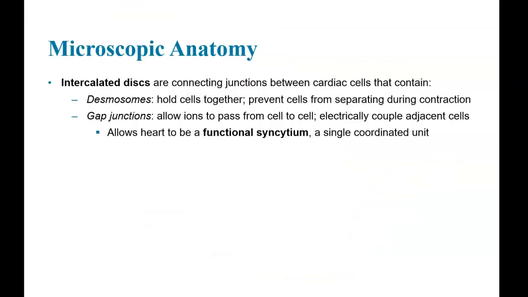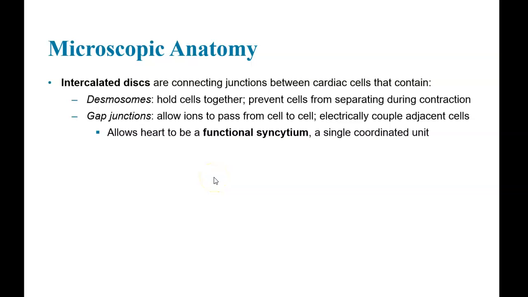One of the distinguishing characteristics of cardiac tissue are the intercalated discs. These are structures that contain junctions between cardiac cells. They could contain desmosomes, which help hold the cells together, so it prevents them from separating during contractions.